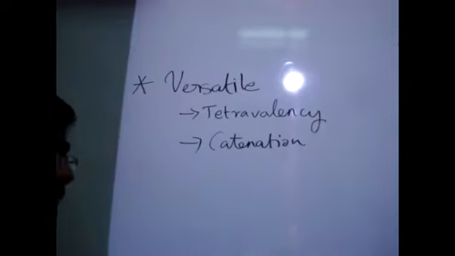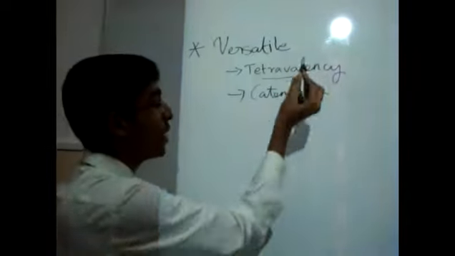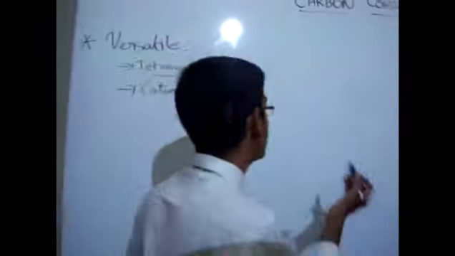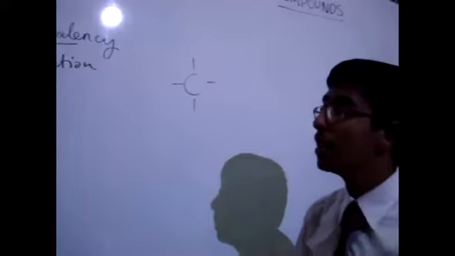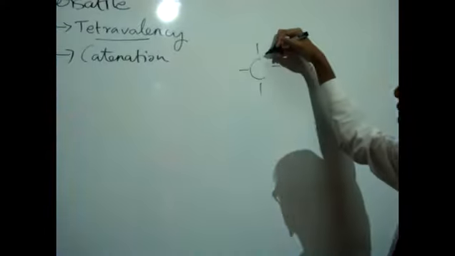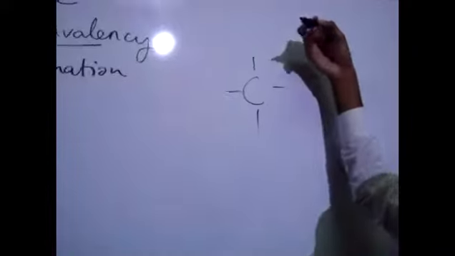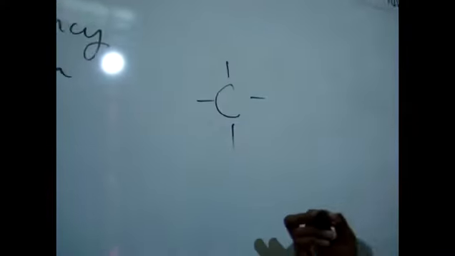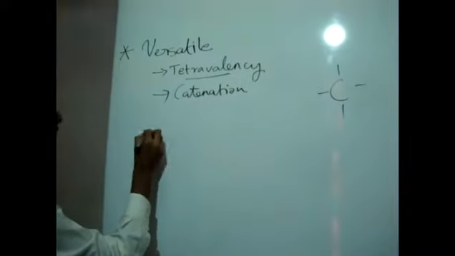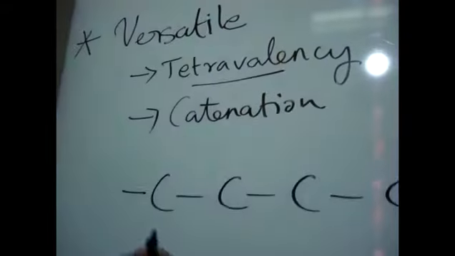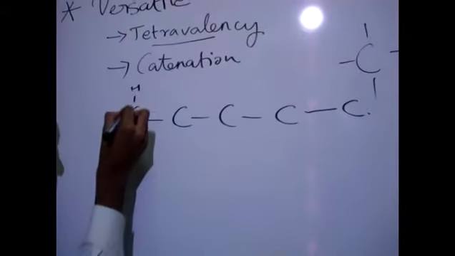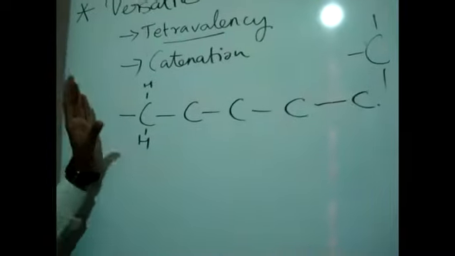Why is it called versatile in nature? Because of tetravalency. I told you what is tetravalency. It's like carbon can join with 4 other atoms, and carbon can have a bond with 4 electrons, so it can share 4 more electrons. Then catenation, it makes a long chain of carbon atoms, and accordingly you can join it with hydrogen or something and make the bond full.